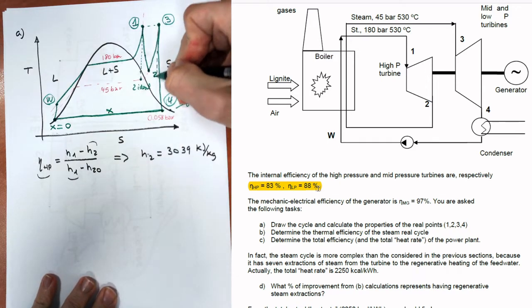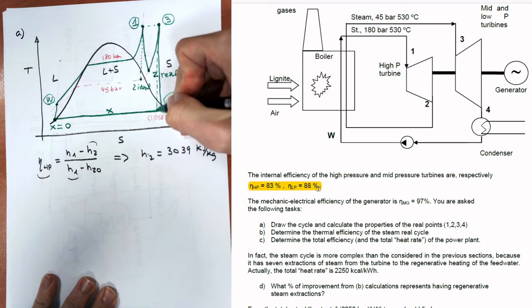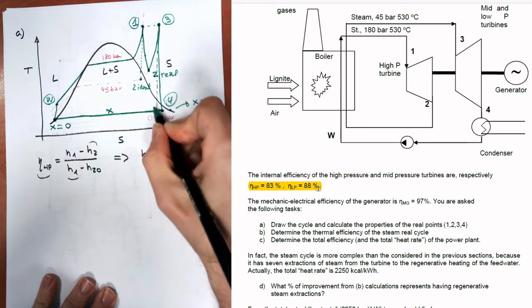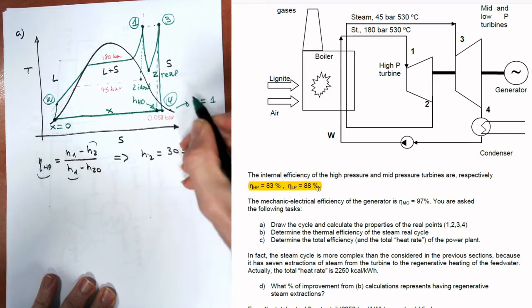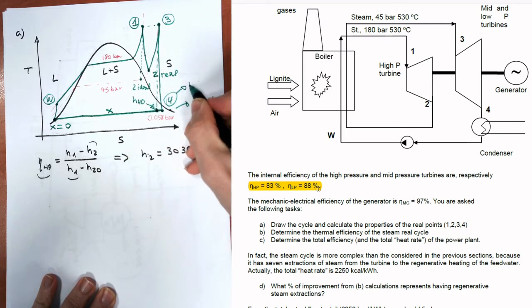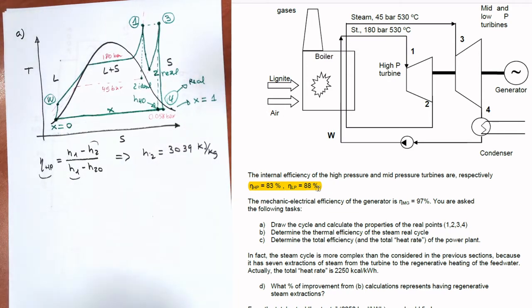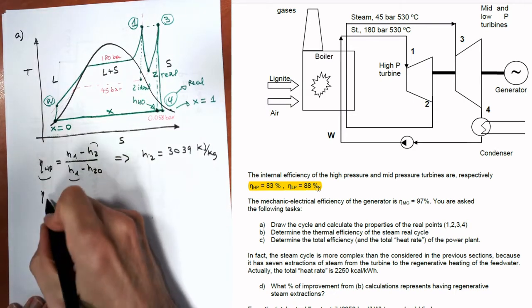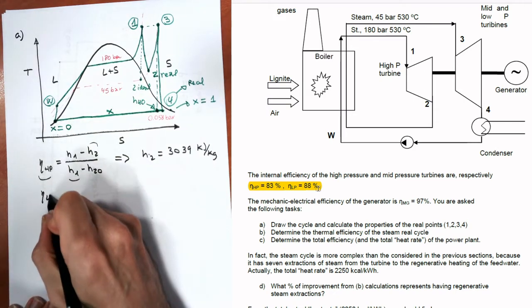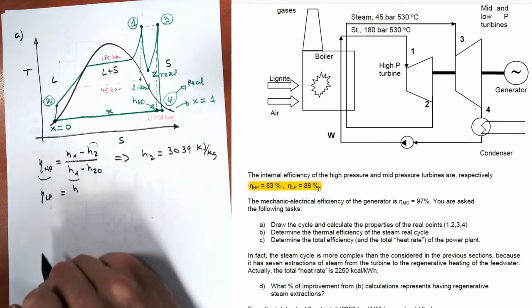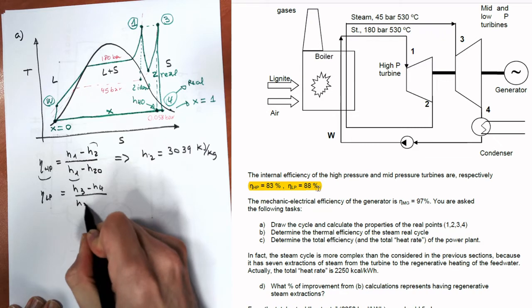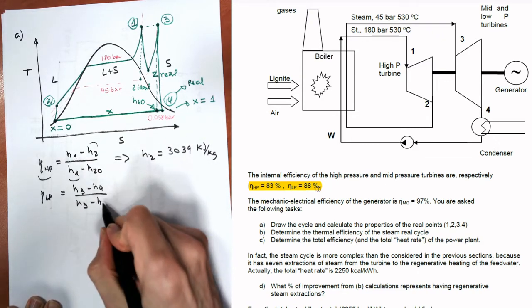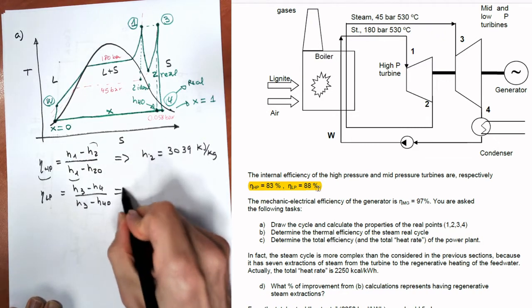The same is true here. This is H4 ideal and this is the real one. Alright, and we do the same. The efficiency of the low pressure turbine is now H3 minus H4 real, divided by H3 minus H4 ideal.